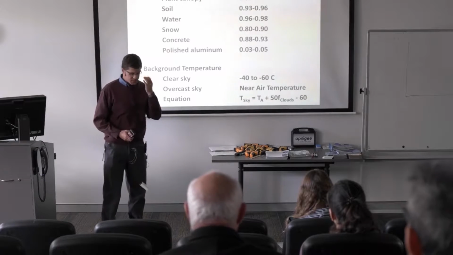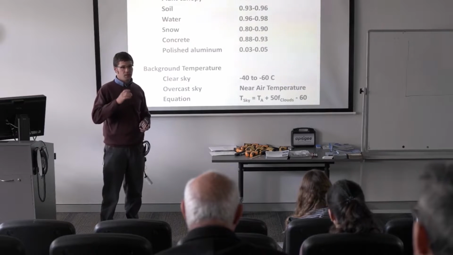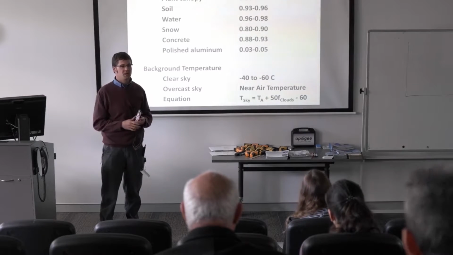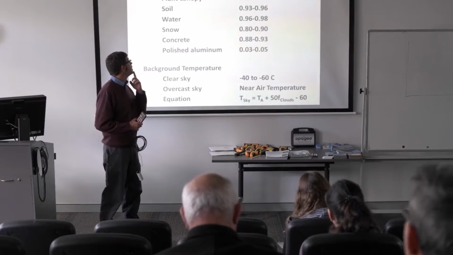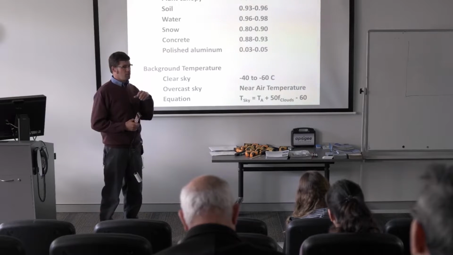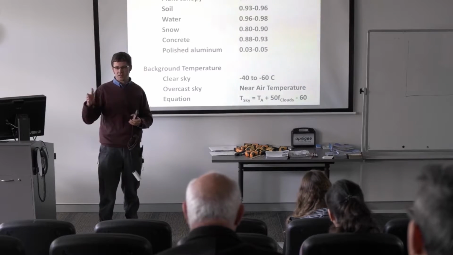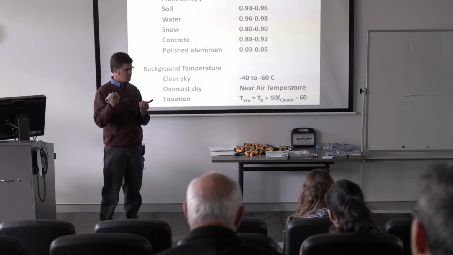Now what we're going to do is fill the Leslie cube full of hot water, right? And we know that the black body cone of the Leslie cube is close to a black body, so its emissivity is very near 1. Any ideas what the temperature of the black body cone will be versus the stainless steel side of the Leslie cube if we measure it with one of these sensors?